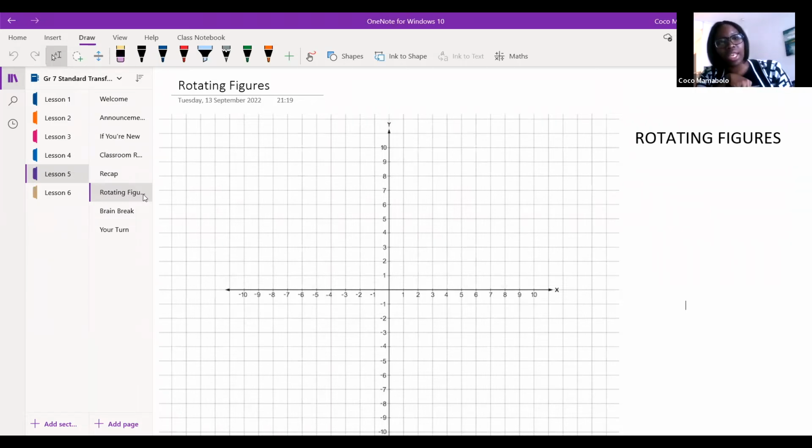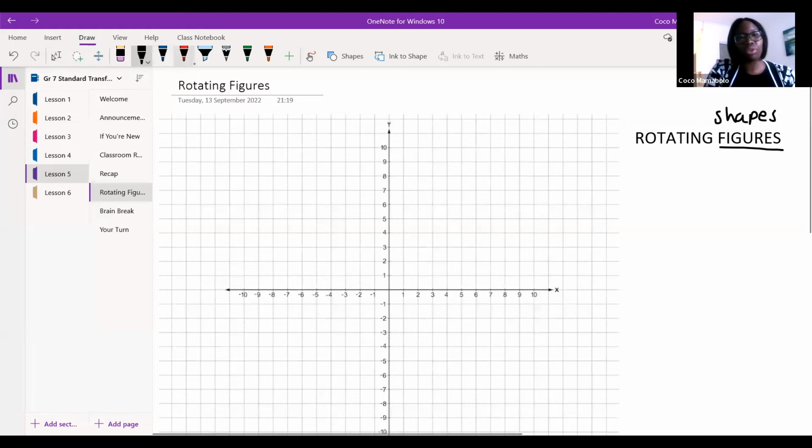Or we translated it: we took x and added 8, and took y and subtracted 2. So we translated the point. But now when we rotate figures, we're going to look at rotating a whole shape.